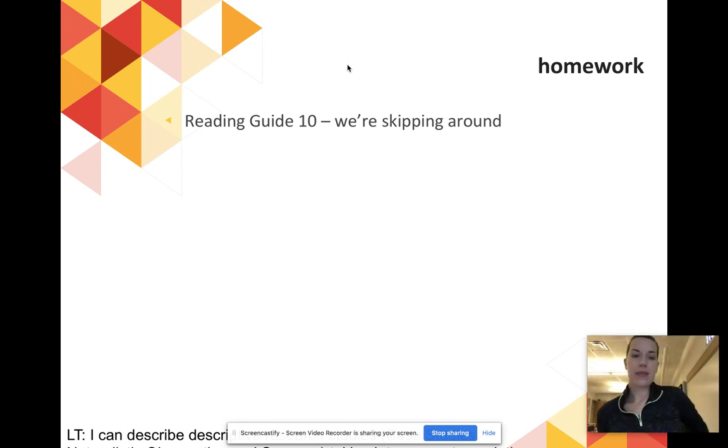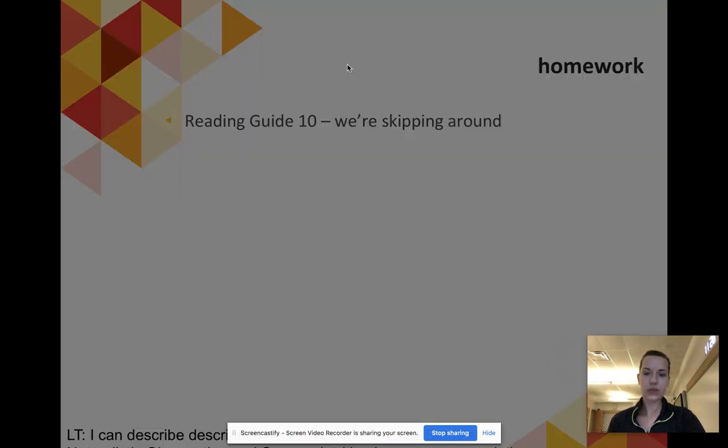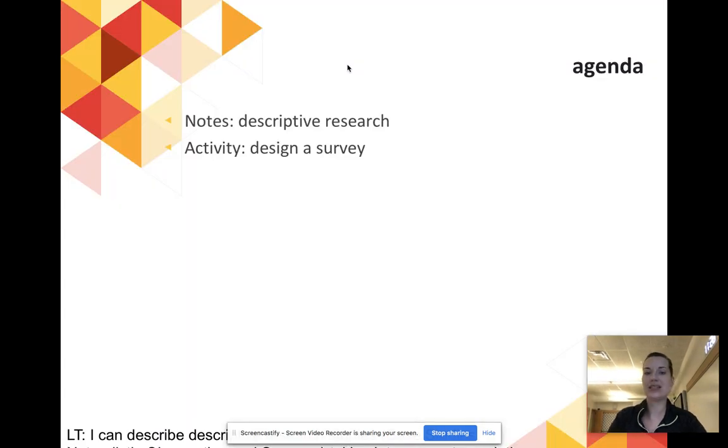The reason we're doing them in this order is so that we can kind of group things together and talk about the similarities and differences in types of research. Okay, so today we're going to be talking about descriptive research, and this is a very specific group of the types of research that we've talked about before, and it achieves certain goals.